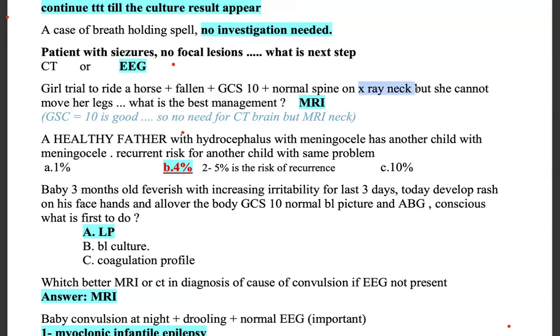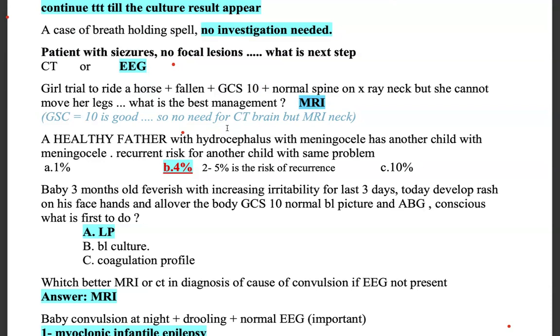Why we are suspecting injury here is because she has fallen from a horse. Definitely, horse means a quite greater, significant height, and her GCS is 10. The X-ray spine is normal, but there are symptoms: she cannot move her legs. So you will do MRI, maybe only neck or the whole spine to see the lesion.